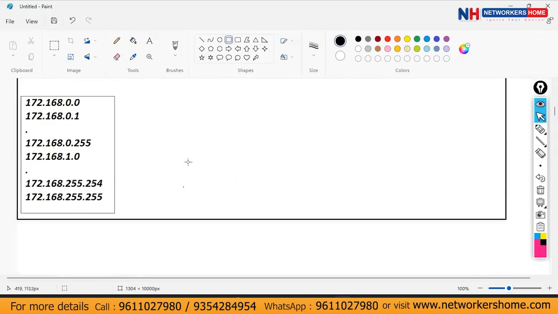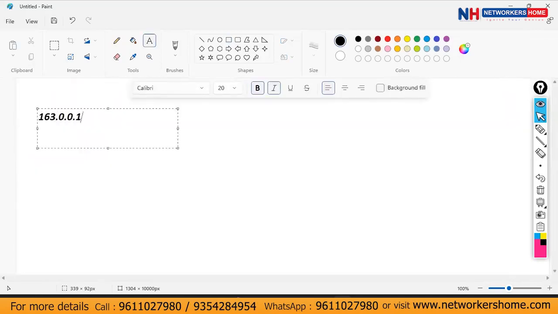Okay, let's do an example. Which class? B. So what will be the default subnet mask? Now, instead of writing binary, directly looking at this you can know that 255 means all ones, and 255 means all ones. So 2 octets are for the network, and the remaining 2 octets are for the host.